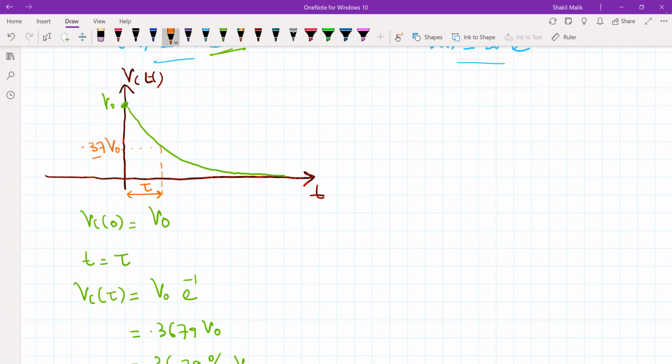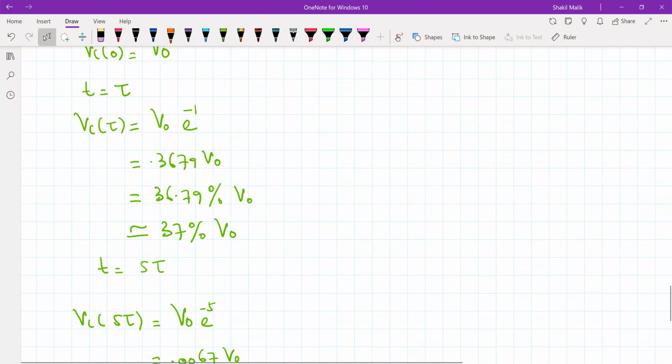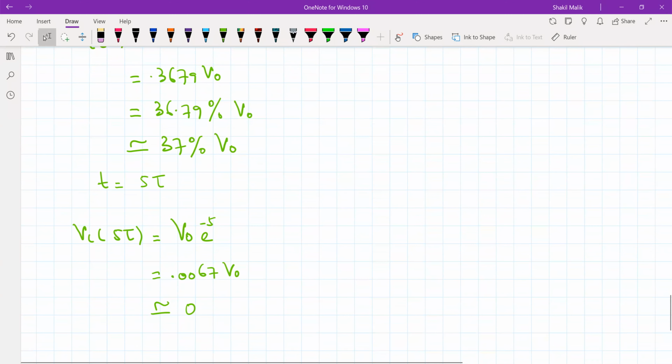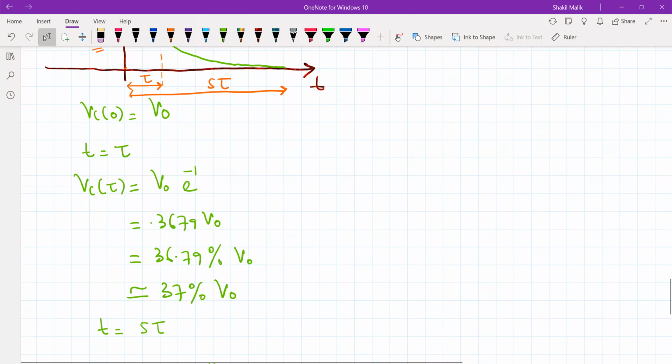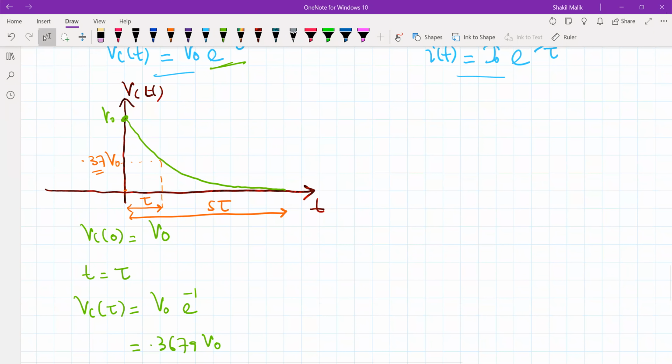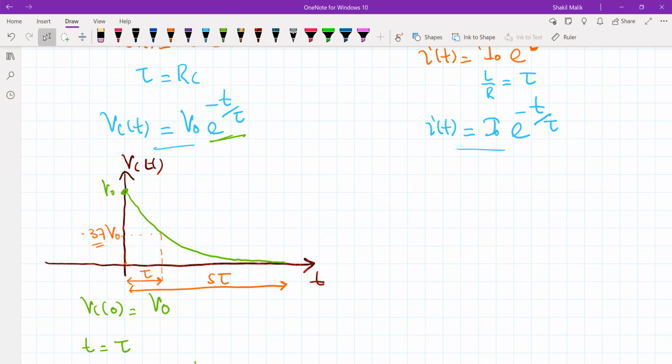So it drops to 37% in one time constant, and in 5 time constants, the capacitor voltage drops to almost 0 here. You can check it. Actually, the actual value is 0.0067 times V naught. All right. So in 5 time constants, this source-free RC capacitor voltage drops to almost 0.